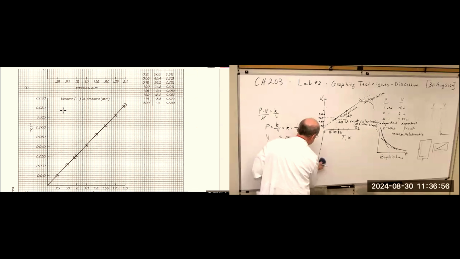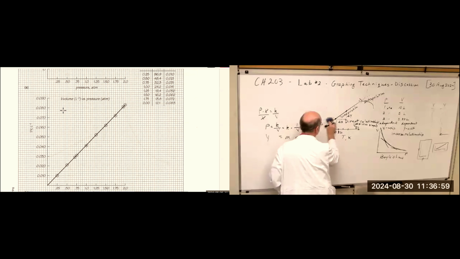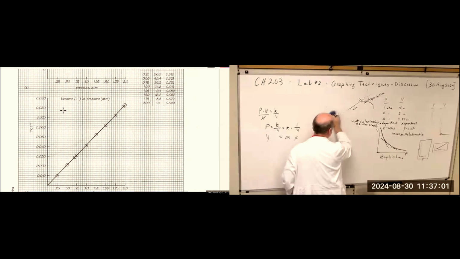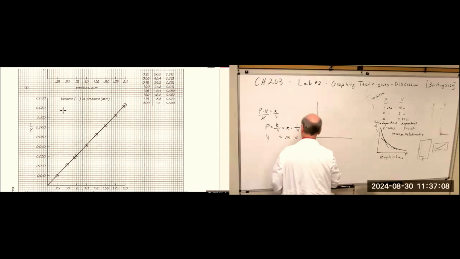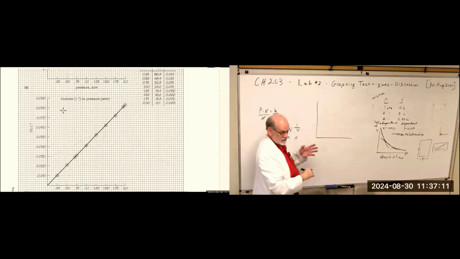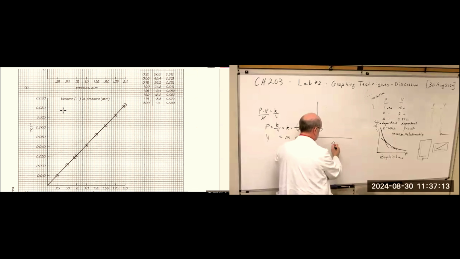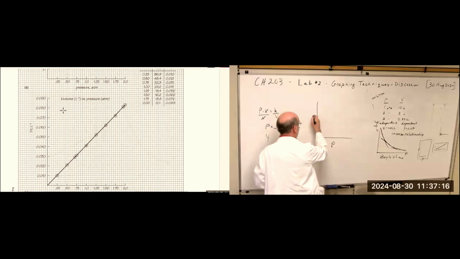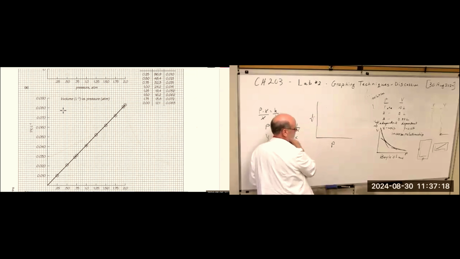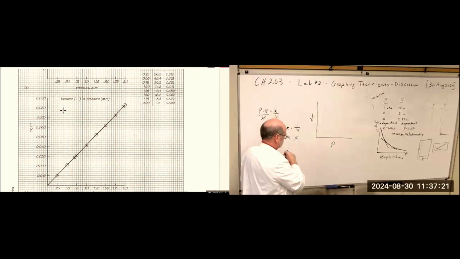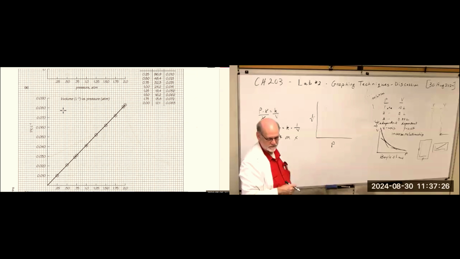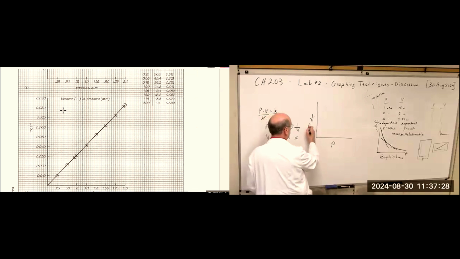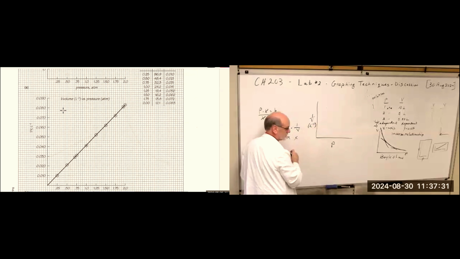So let's see, if I take that data and transform it, now I can draw. I still have pressure as the independent variable, and it didn't change. But now I have 1 over V on this axis. What are the units of measure? I took the inverse of liters. So the units of measure now are liters to the minus 1.